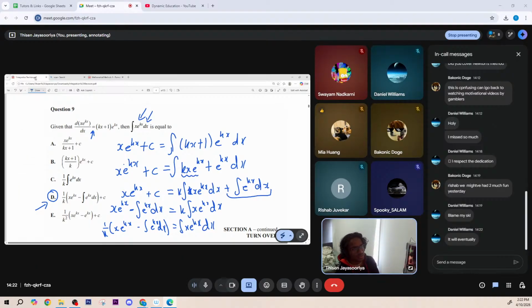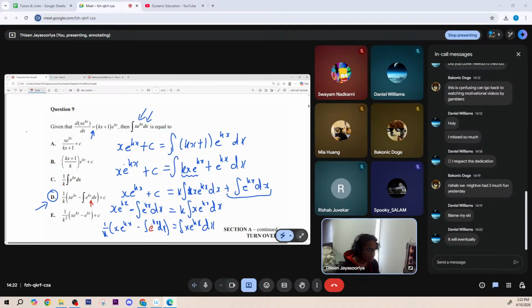So the only annoying part, I think this question's a bit annoying in the sense that it writes your final answer with an integral. Yes, you can subtract an integral from both sides. I remember this was a very hard concept for some people to understand, but you can subtract an integral from both sides.